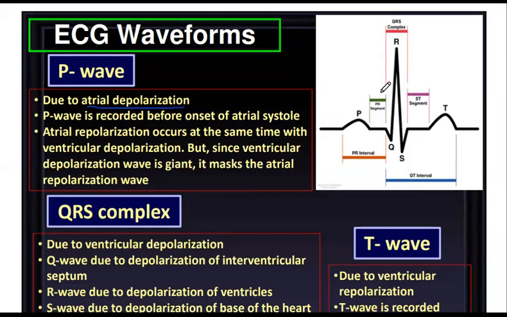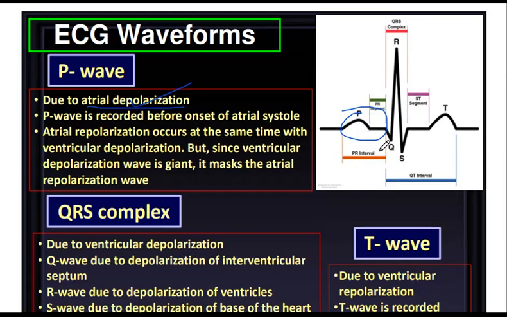When the atrium depolarizes, the ventricle repolarizes. But when the atrium repolarizes, the ventricle depolarizes, which means the beginning of contraction. Don't memorize depolarization and repolarization. The basic thing to remember is that atrium contraction is the P wave.